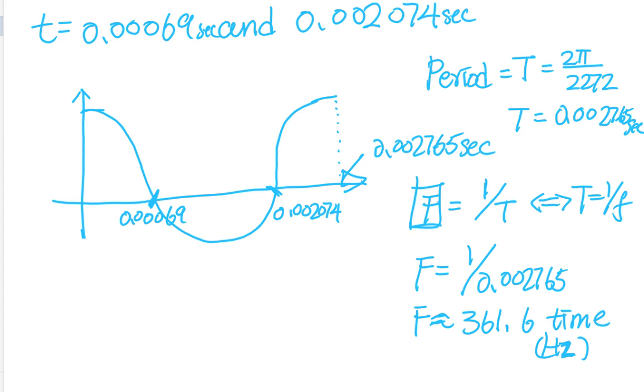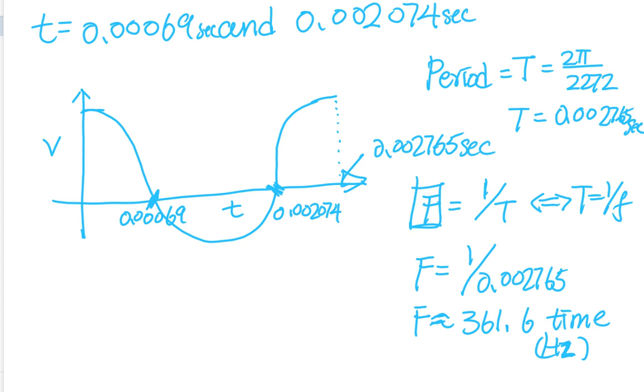Now, why does the 0.6 matter? It's because we're looking for the moment when the velocity crosses 0. This is a velocity-time graph. We know that in one whole period, there are 2 times the particle has a velocity of 0.